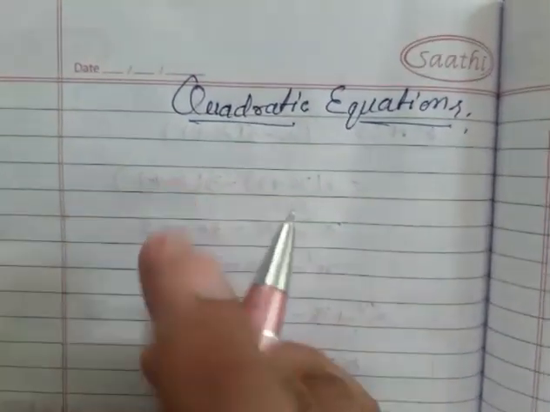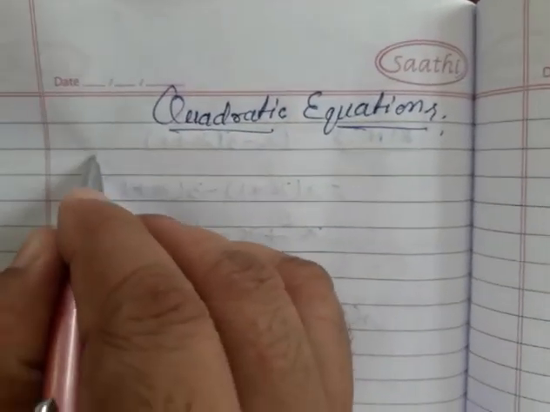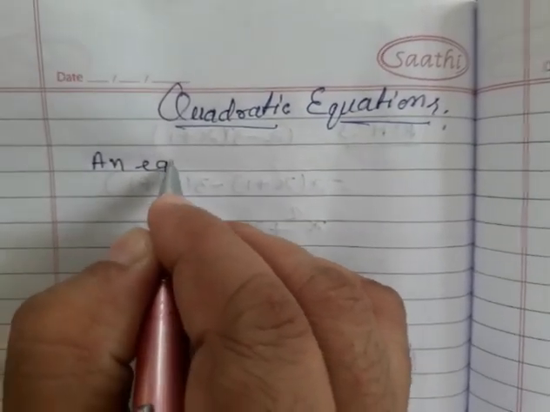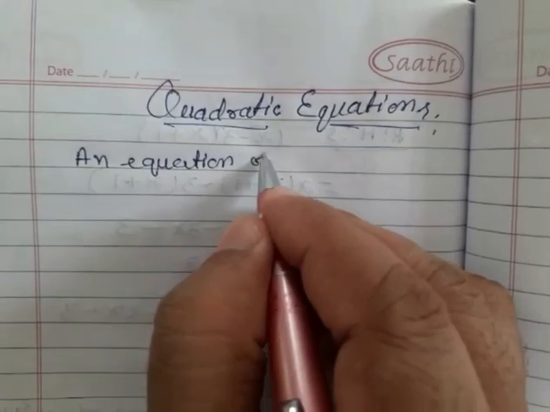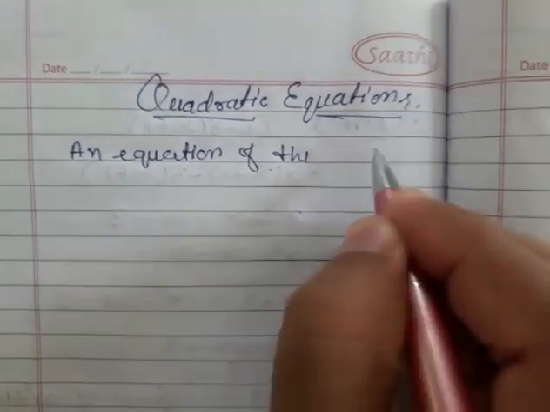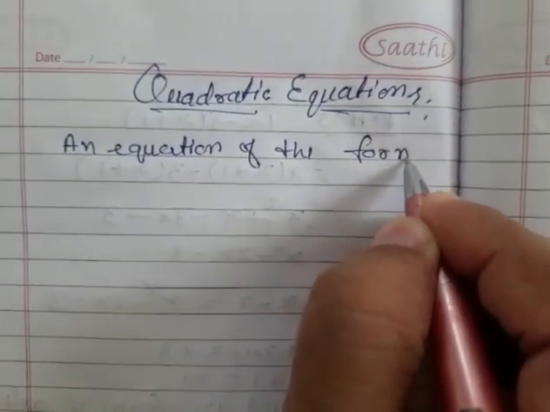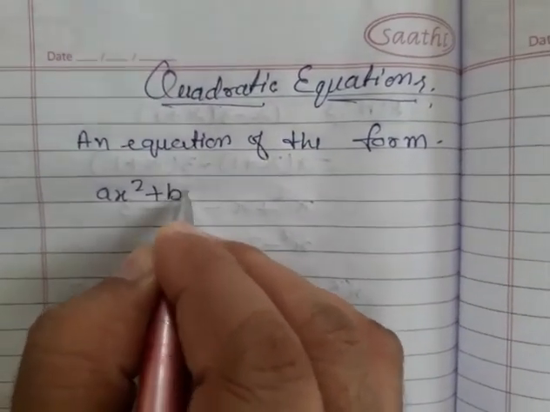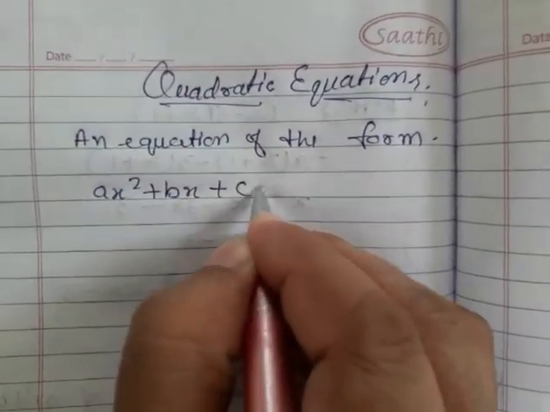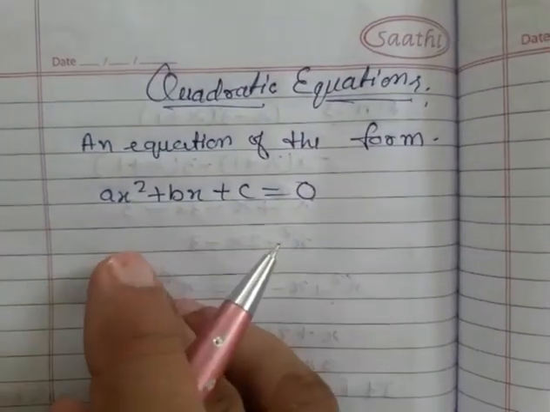Now here we discuss an equation of the form ax square plus bx plus c is equal to 0. Clear?